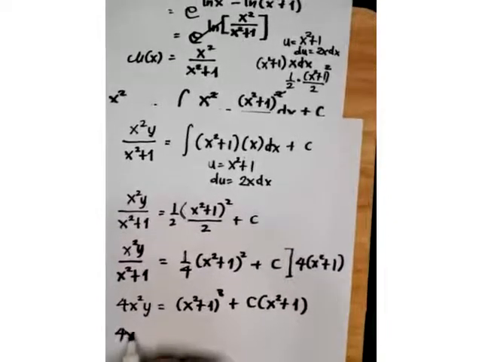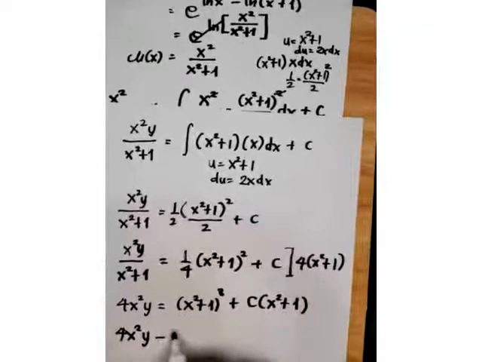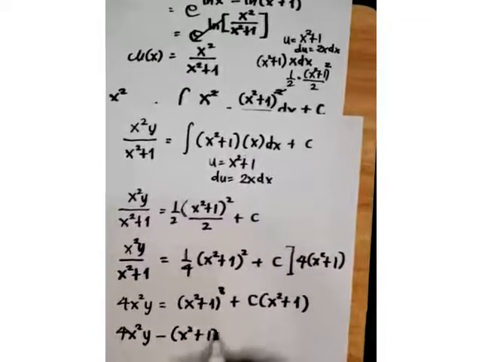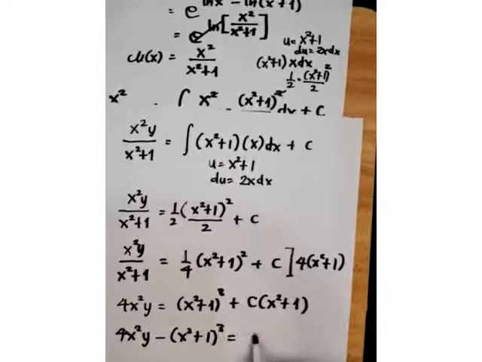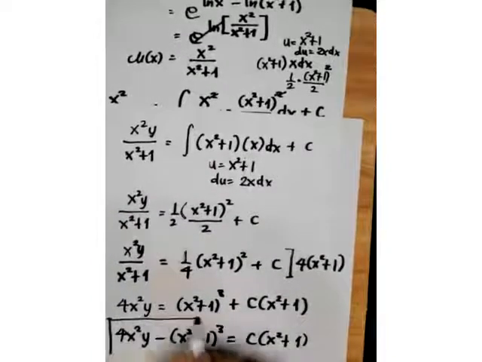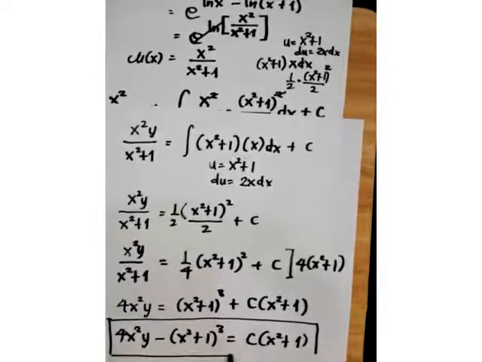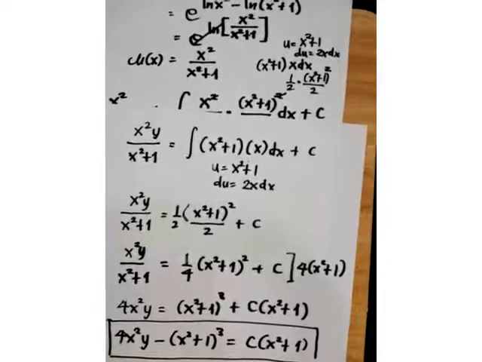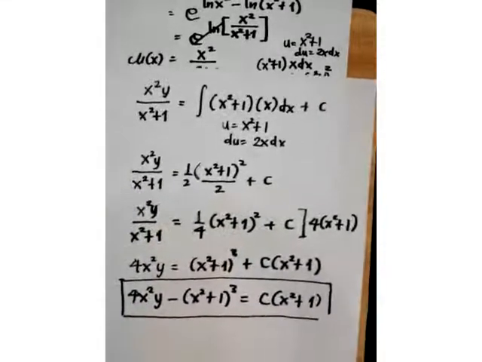Or 4x squared y minus x squared plus 1 cube is equal to c x squared plus 1. So this is another solution. O, pwede nyo kasi siyang i-chain rule or diretso na lang siyang distribute for power formula.